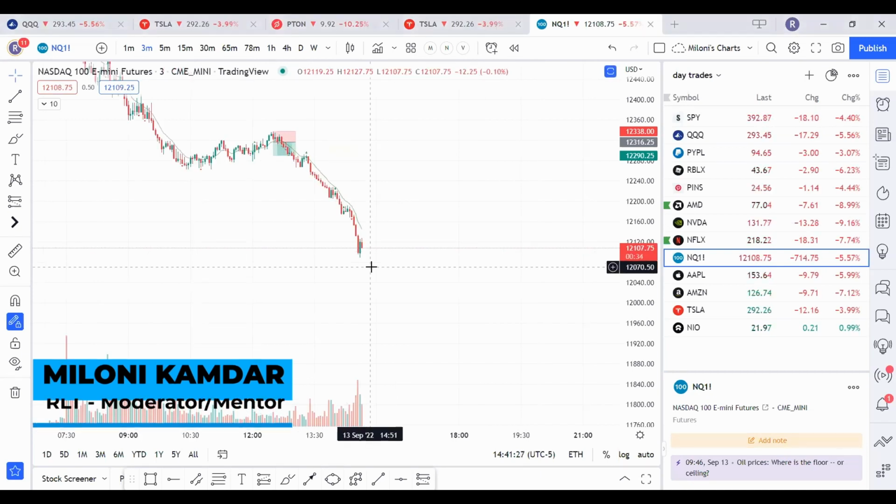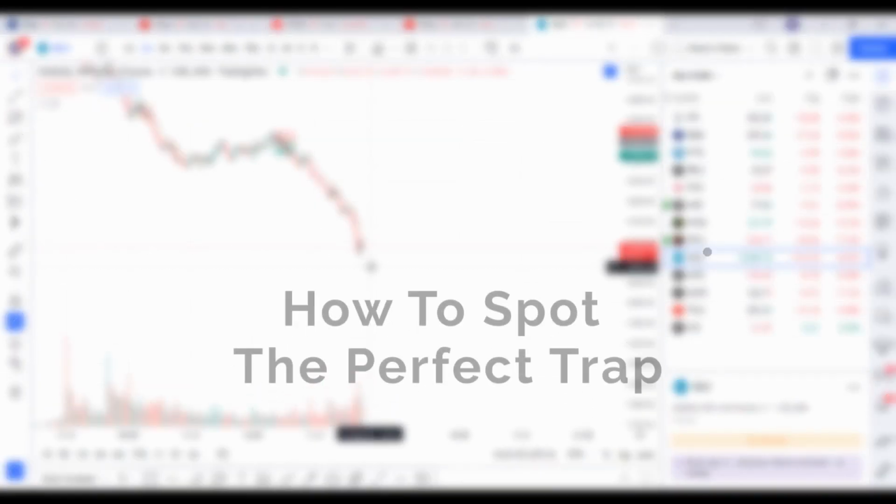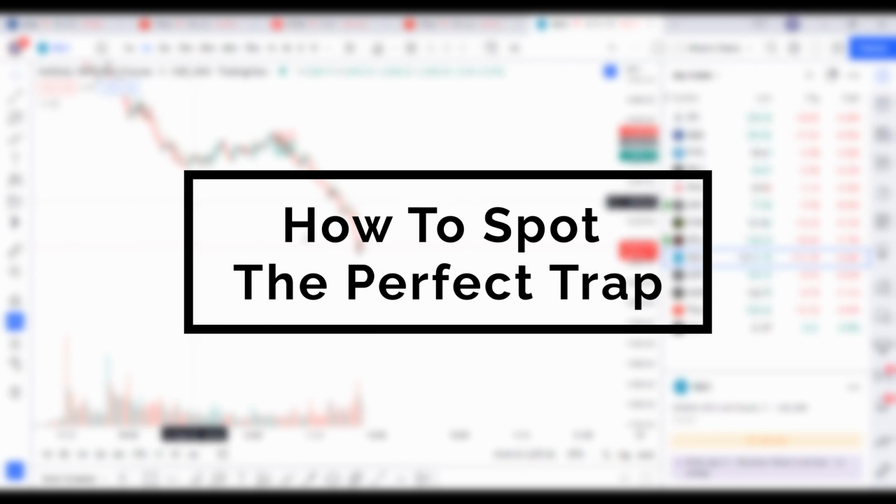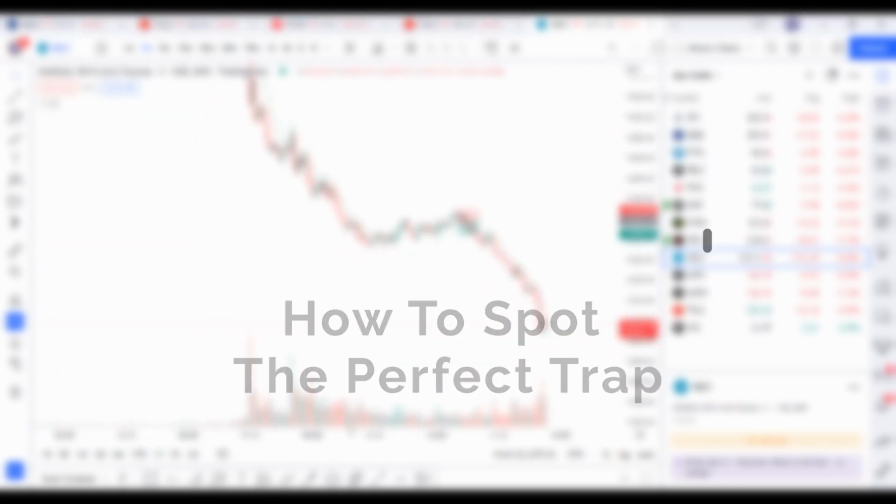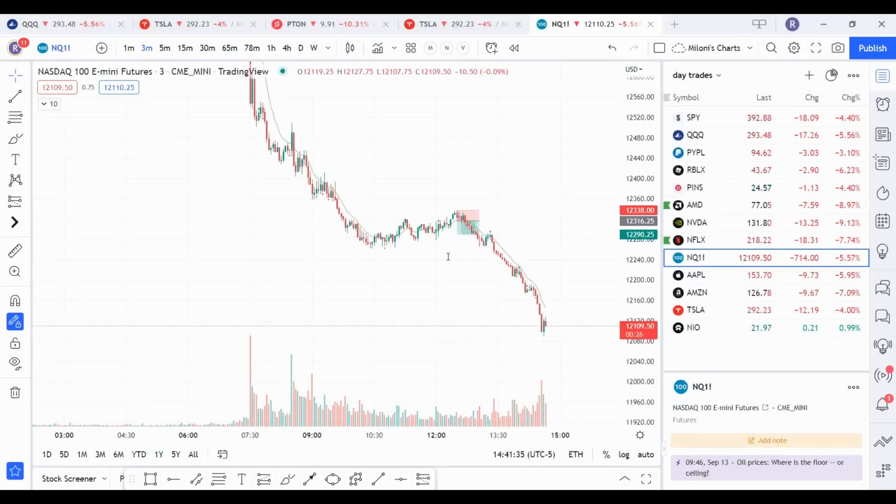Today, we're going to be talking about how to spot the perfect trap. For those of you that are new to this trap scenario and do not understand it very well, oftentimes you, let's say, go long something and it does this, that's when you enter your trade and then it just collapses.